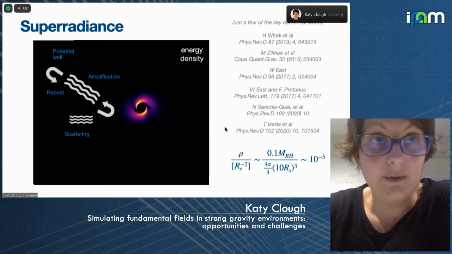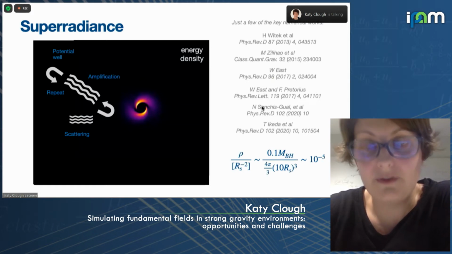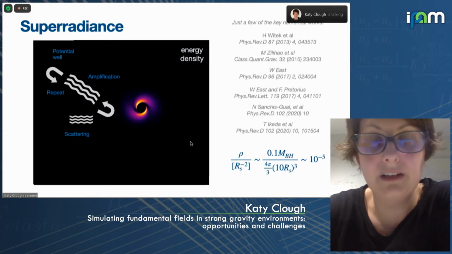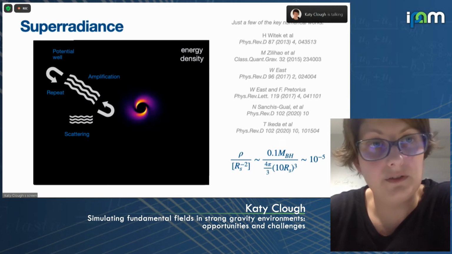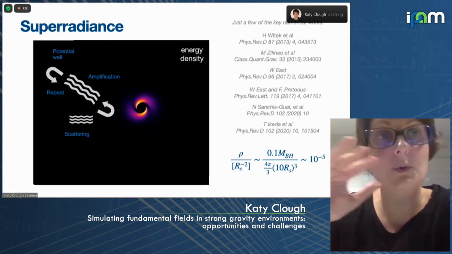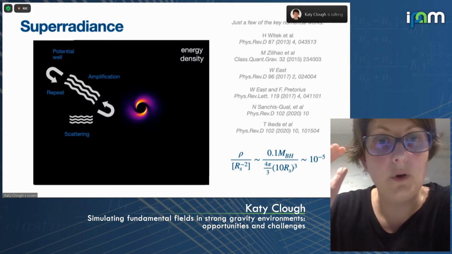So I wanted to mention the previous, excellent works on superradiance, and in particular the work of Will East and Frans Pretorius, where they did use a vector field to simulate superradiance and showed that the endpoint of this superradiant instability is a smooth saturation of the instability.